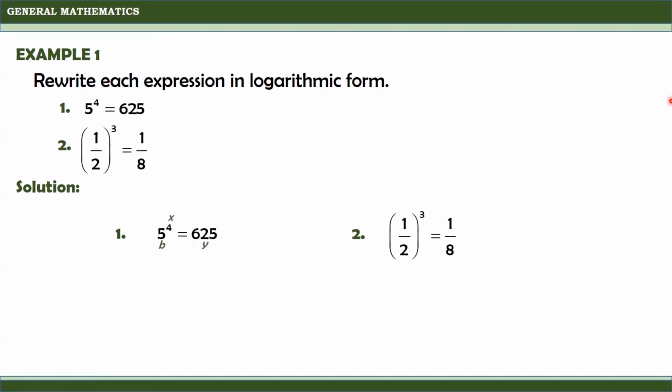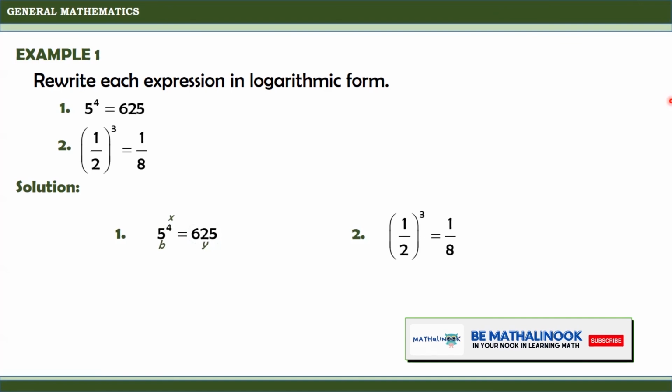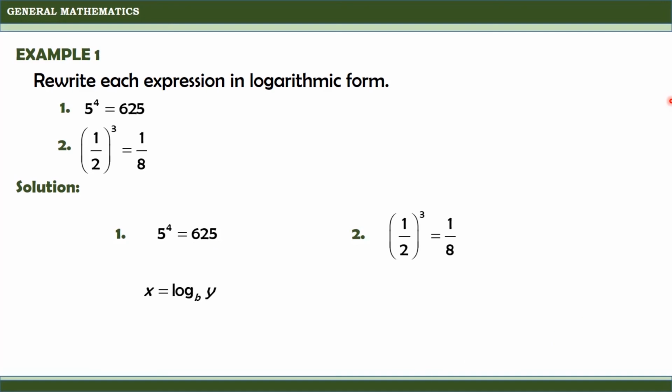With this, it follows that b is 5, x is 4, and y is 625. Remember that the logarithmic form is given as x equals logarithm of y to the base b. Hence, we need to substitute 4 to x, 5 to b, and 625 to y. It will now give us 4 equals logarithm of 625 to the base 5.